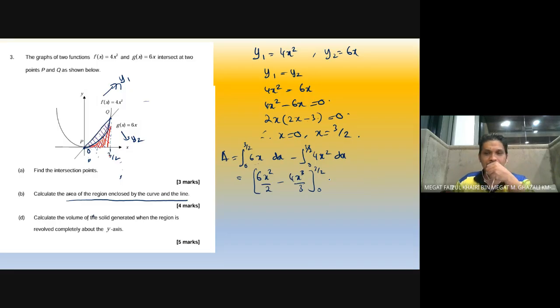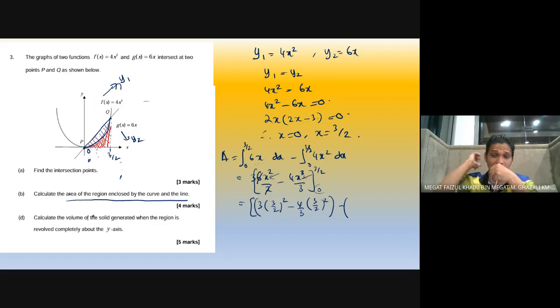Okay. So now 6 divided by 2 equals 3, and 4 over 3. First substitute 3 over 2: 3 times 3 over 2 squared minus 4 over 3 times 3 over 2 cubed, minus the substitution of 0 here and here.